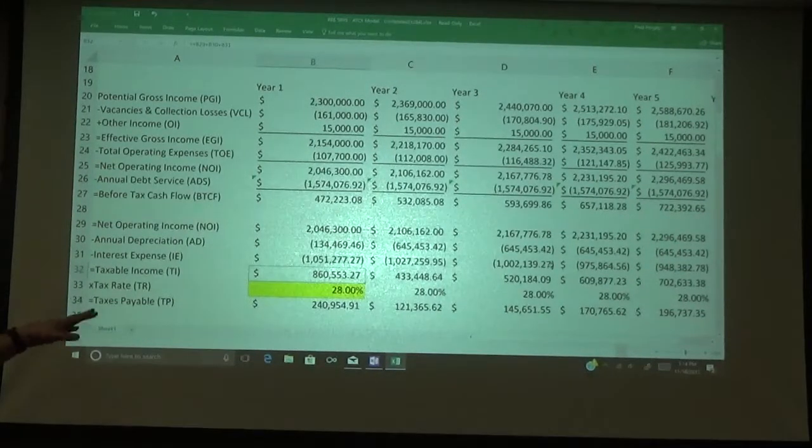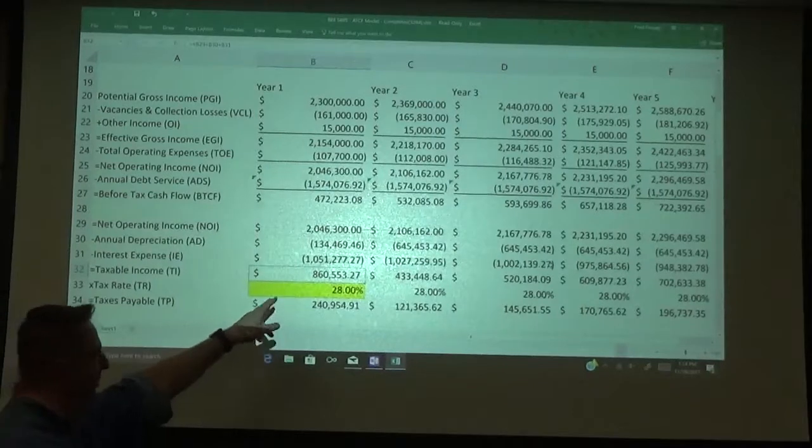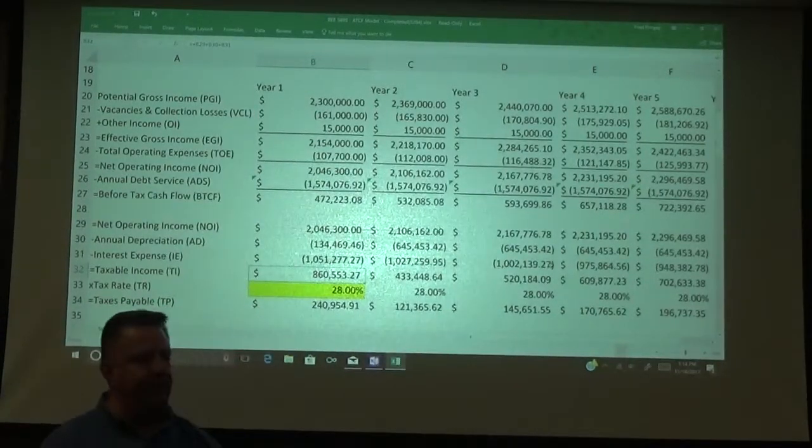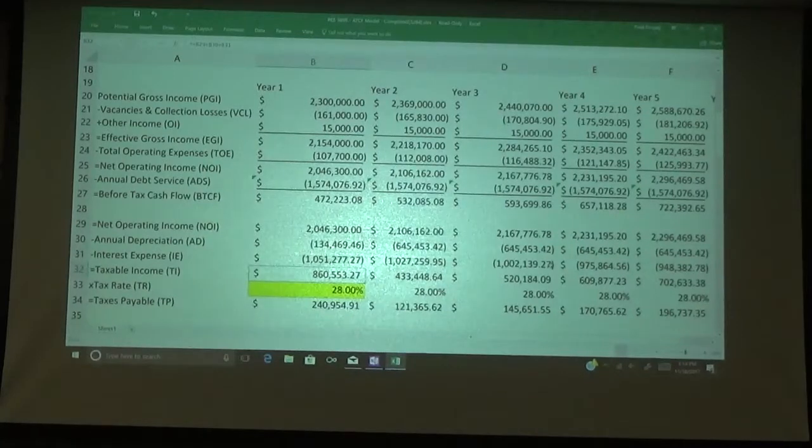And obviously, as those change, that's going to impact your tax liability. So for the taxes payable, you're simply multiplying the taxable income times that tax rate. And we're going to make the assumption, which is a fairly valid assumption, that the tax rate is going to be roughly consistent across the page.